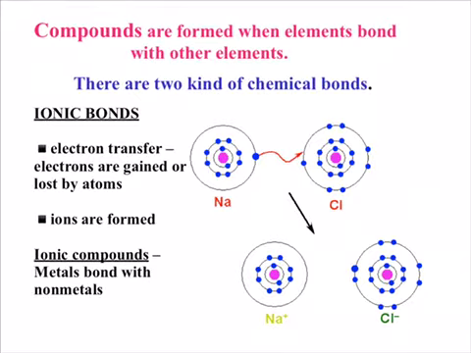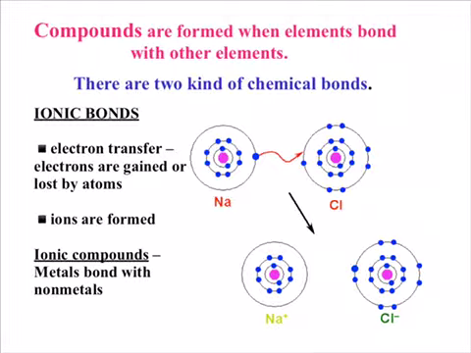The first type of chemical bond that we're talking about here is called an ionic bond. An ionic bond has something to do with ions. We've been spending some time talking about ions. An ionic bond is formed when there's an electron transfer.